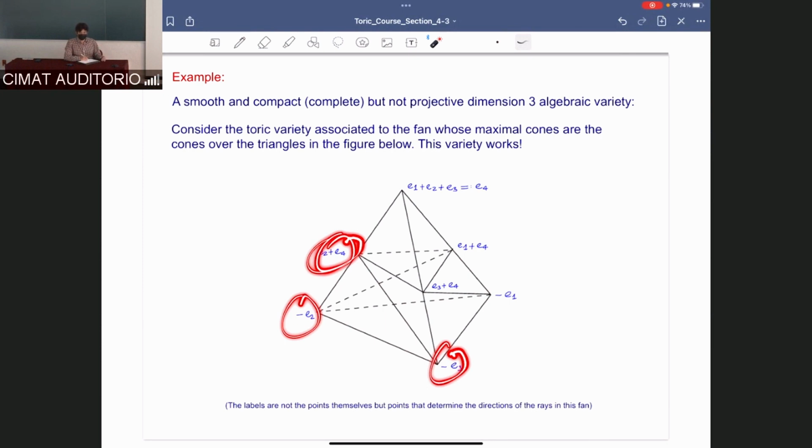So these are a basis. Very good, and the same for the other ones. You can check it one by one, it just works. So it's very easy to verify. So it's indeed smooth. It is compact because we know that if we take any fan whose cones cover my R3, it is complete, it's compact. Very good, so we get that one for free.